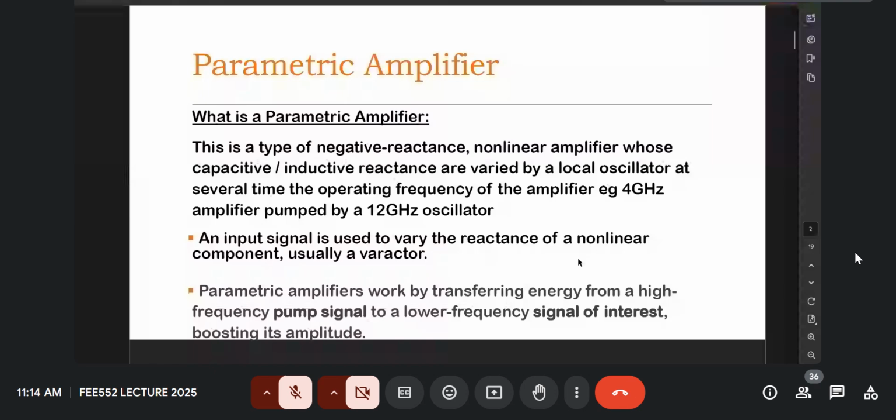Majorly you will find that we are magnifying very low level or low power signals that are of very high frequencies, and we want to amplify them with as little noise as possible.